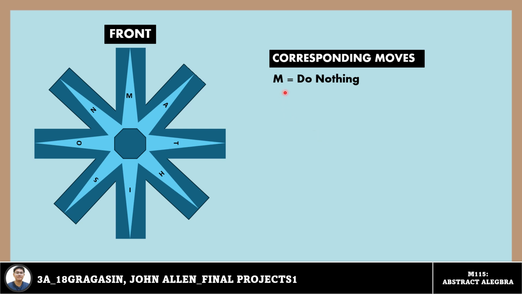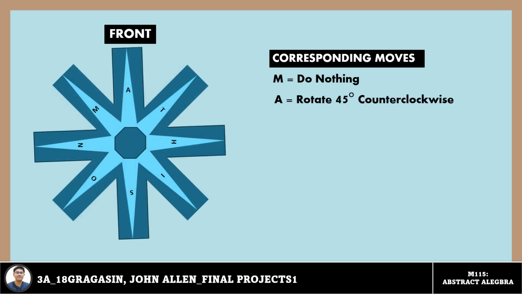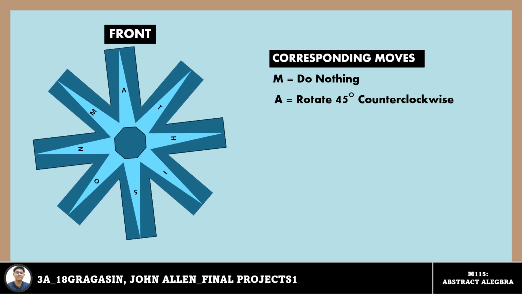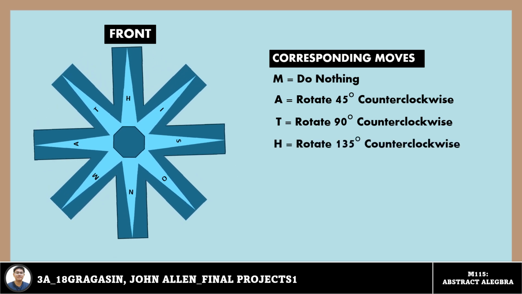M is for do nothing, just as is. And A is for rotate 45 degrees counterclockwise. T is rotate 90 degrees counterclockwise. H is rotate 135 degrees counterclockwise.